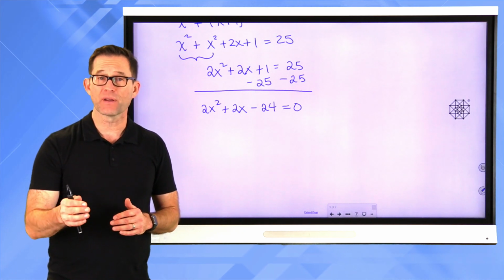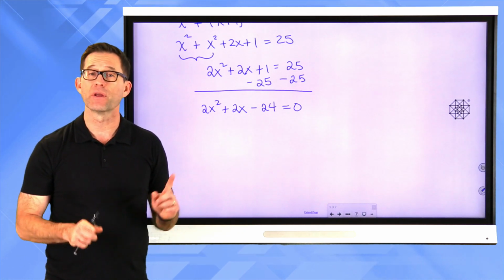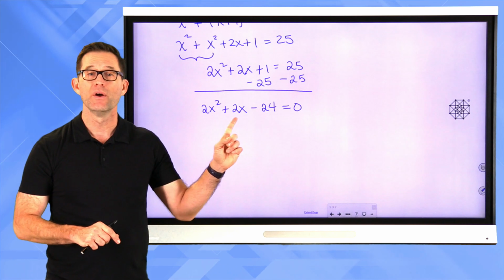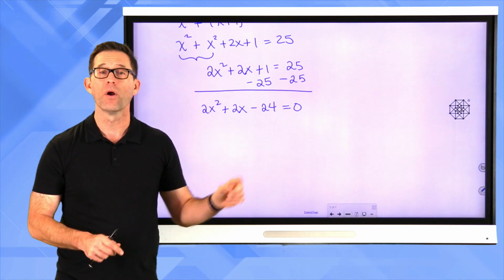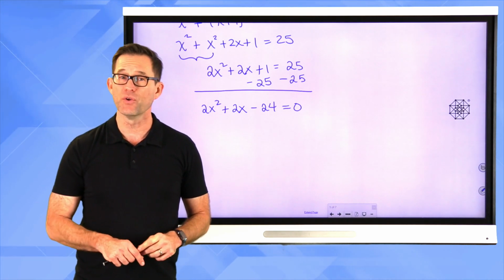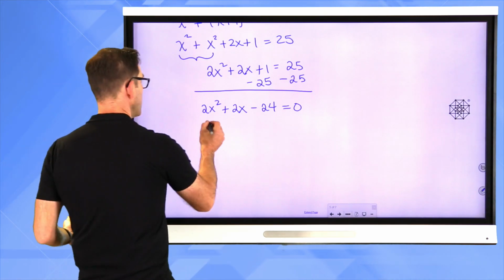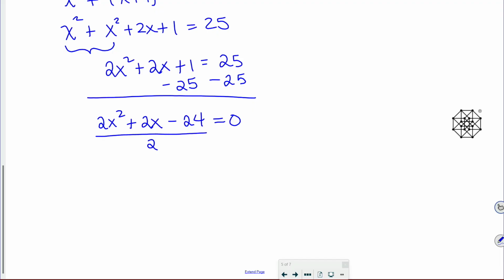But if you're not particularly fond of that method of factoring, you can also note that 2, 2, and 24 are all divisible by the number 2. So if you want to make your life a little bit easier, you could divide both sides of this equation by 2, giving you x squared plus x minus 12 is equal to 0.